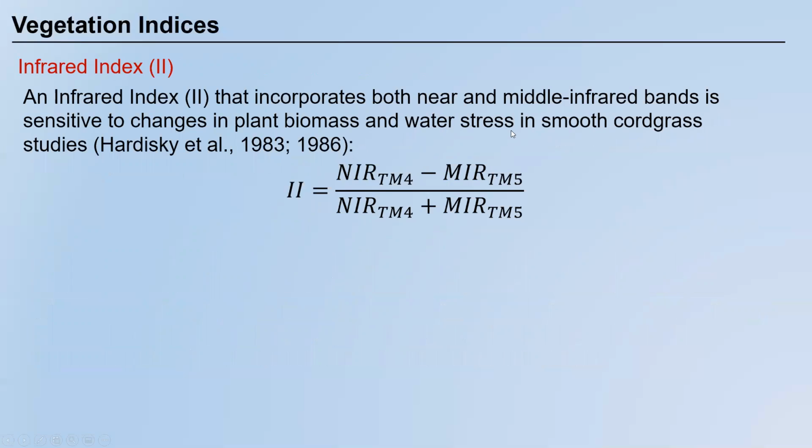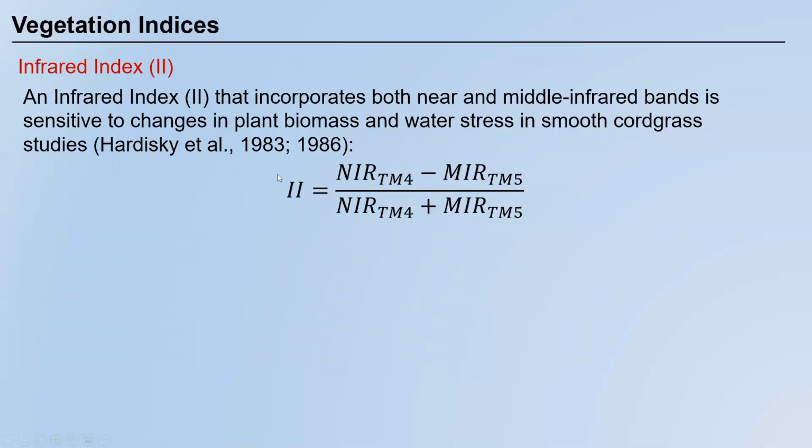If there is not enough water for a plant to stay healthy, then we say the water stress for this plant is very high. If there is enough water for this plant to stay healthy, then we say there is no water stress. So II is here to do a similar thing.